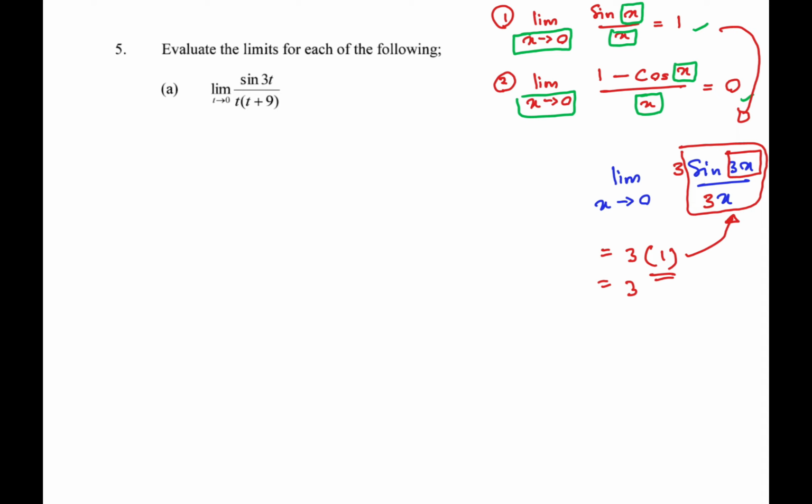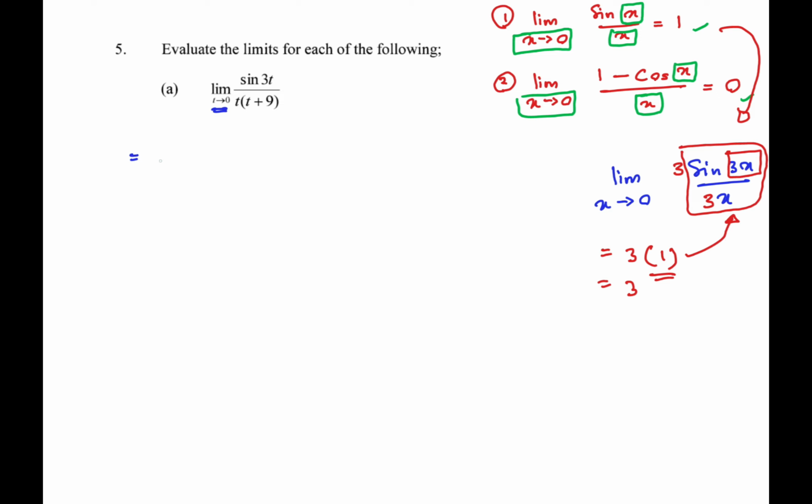Now let's look at exercise question number 5. Evaluate the limit for each of the following. You have limit as t approaches 0 of sine 3t divided by t times (t plus 9).